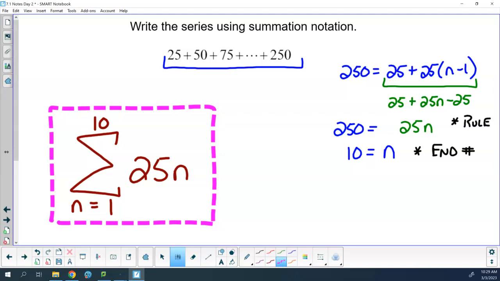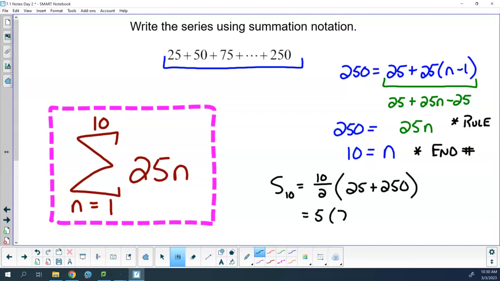Now, if we wanted to find the actual sum, now that we know that we've got 10 terms, the sum of the first 10 terms would be 10 divided by 2 times 25 plus 250. 10 divided by 2 is 5. 25 plus 250 is 275.